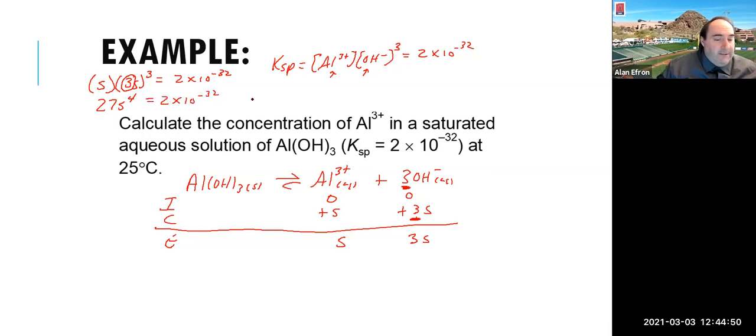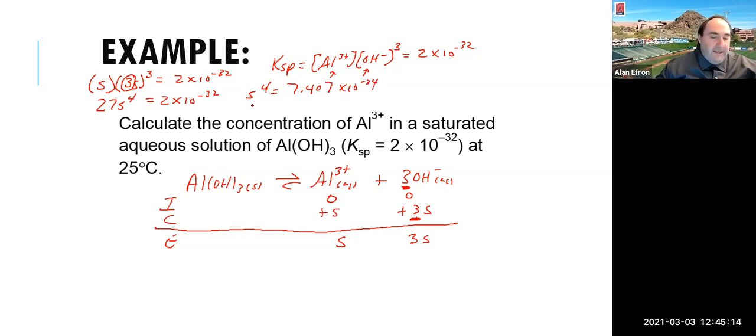So at this point, we're going to solve for S. We're going to divide by 27, it looks like. So 2 times 10 to the minus 32 divided by 27. That is going to get us 7.47 times 10 to the minus 34.